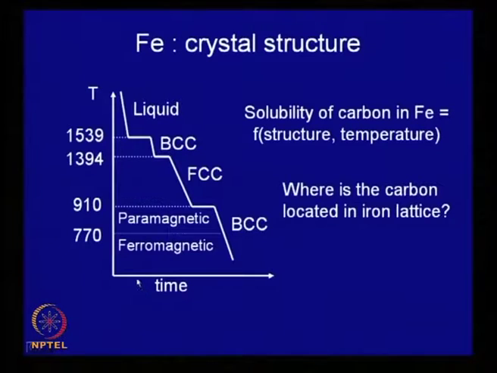Now, suppose you take molten iron in a crucible, melt it, heat it to let us say 1550 degree centigrade, and then let it cool very slowly and measure the temperature. If you make a plot of this temperature as a function of time, you will find that in the cooling curve you will get a number of steps.